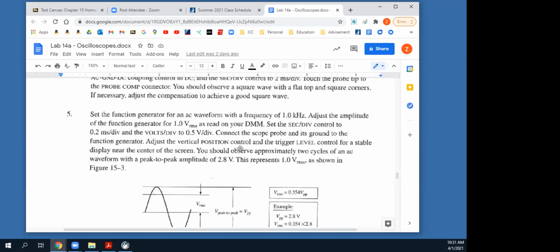Now I'm going to count my divisions. 1, 2, 3, 4, 5 point 5.7. So 5.7 times a half a volt is what?